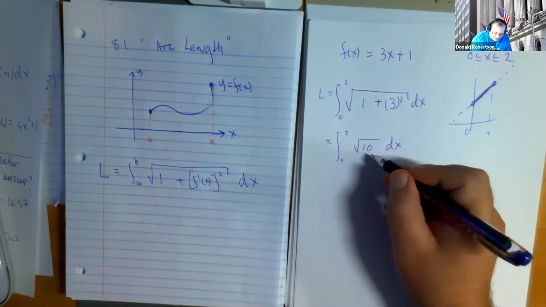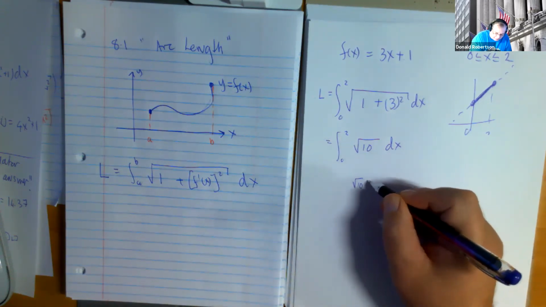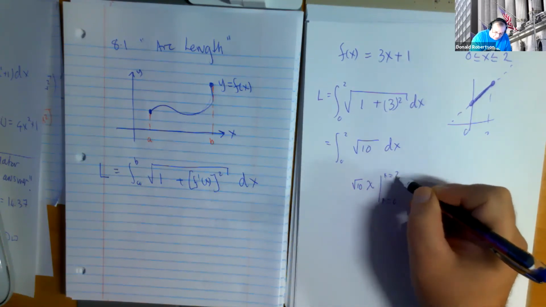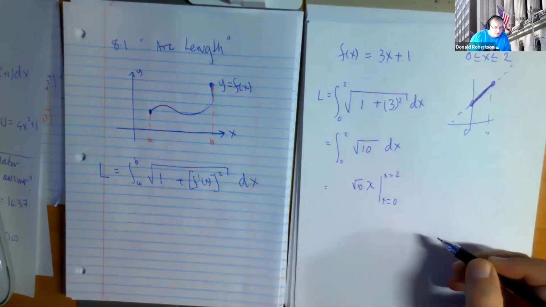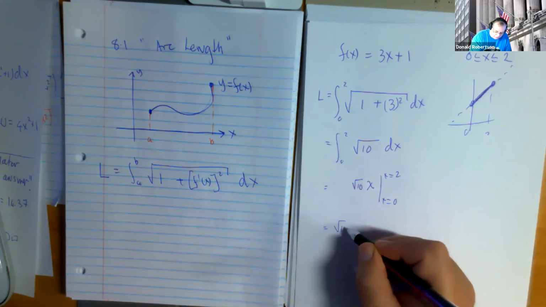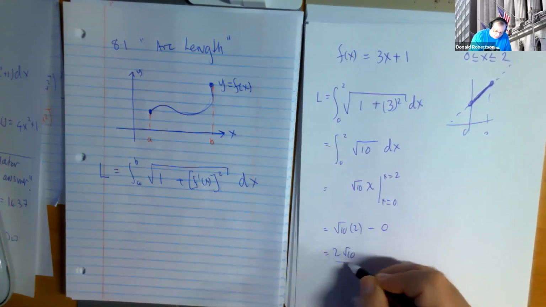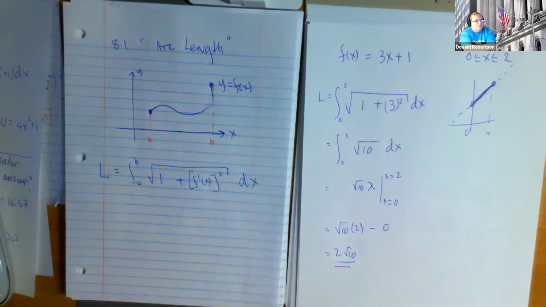Now, to integrate a number, even a weird number, don't you just add an x and evaluate it, in this case, from 0 to 2? Then you plug in 2 for x, take away nothing, and there's your answer, 2 root 10. You like that question? Nice easy one just to get the storyline going.